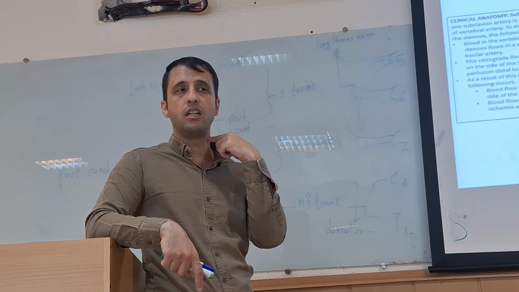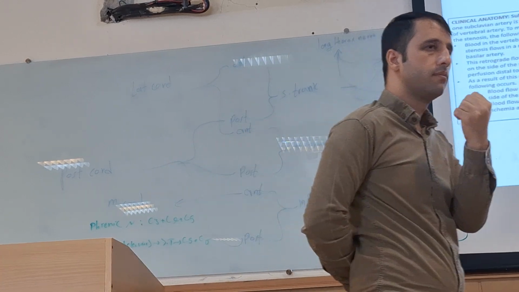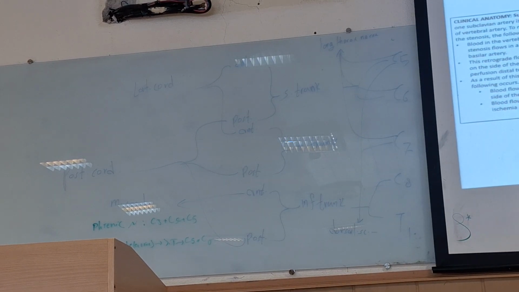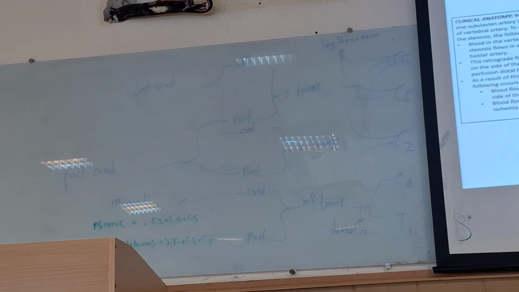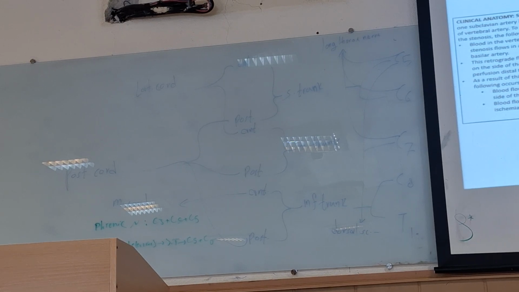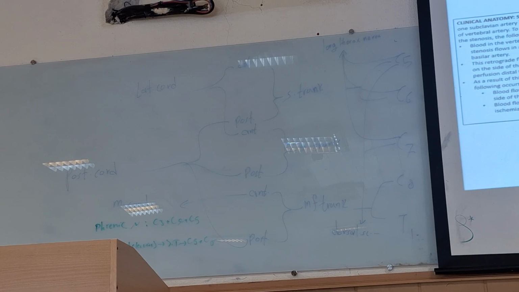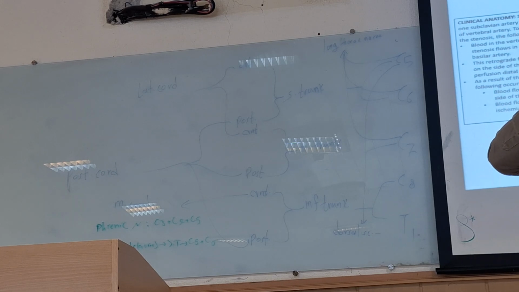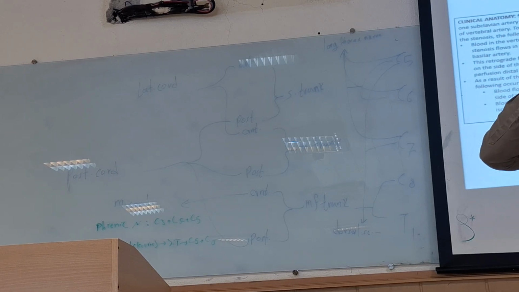What are these four nerves? Lesser occipital, greater auricular, transverse cervical, and supraclavicular. And these four nerves emerge at the posterior border of SCM.